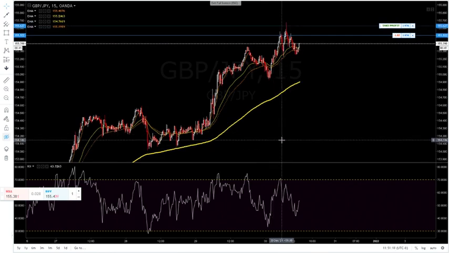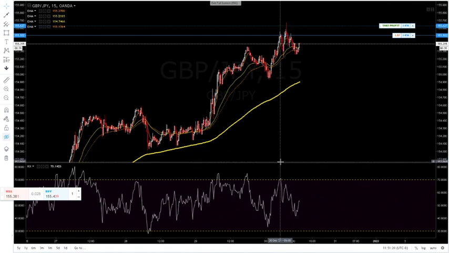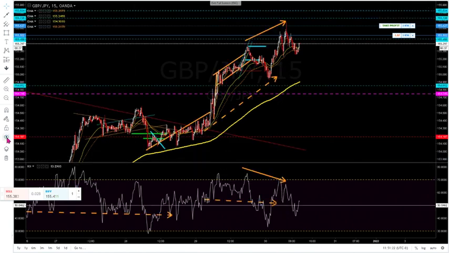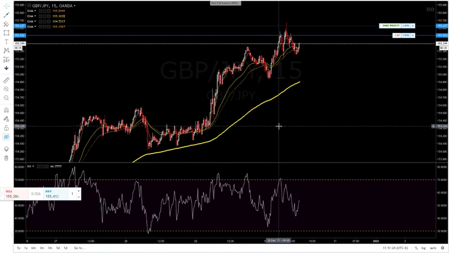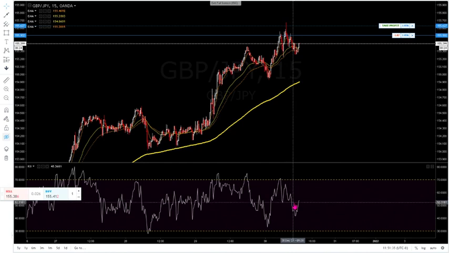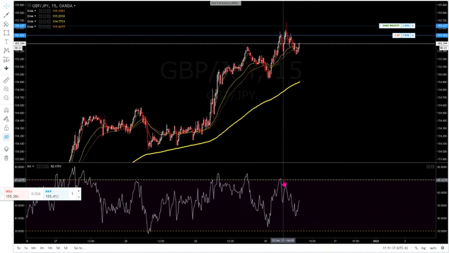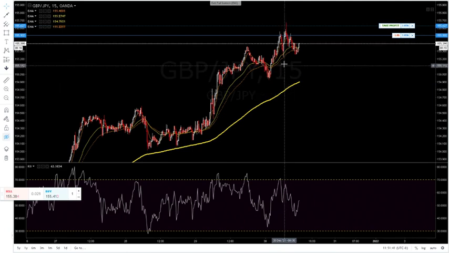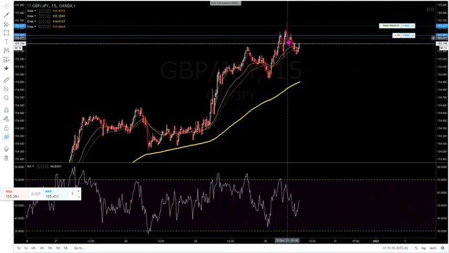But right here we have a little discrepancy. The indicator is down. Yeah, the indicator was down, but this drop already happened. If you see right here, this is bearish divergence, but it already happened. So if we would have caught this trade right here, we would have gotten in for the sell.